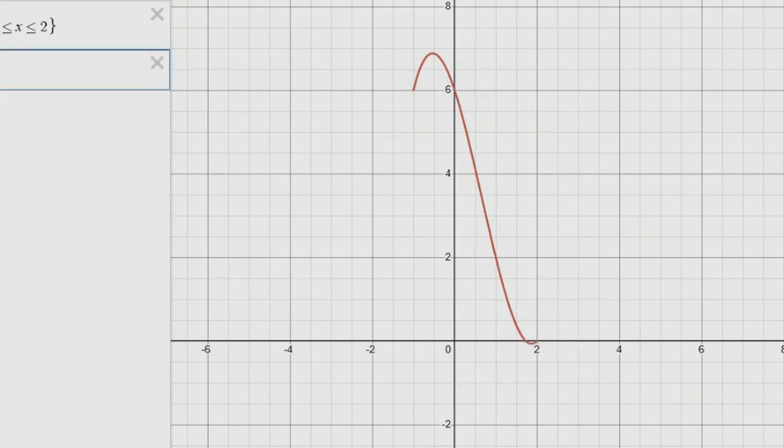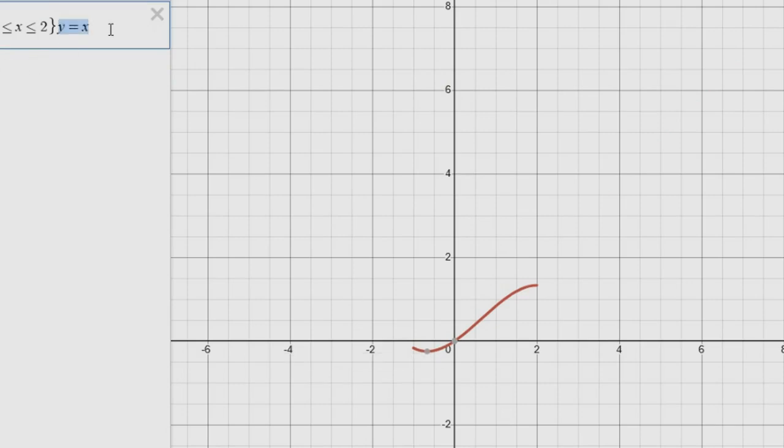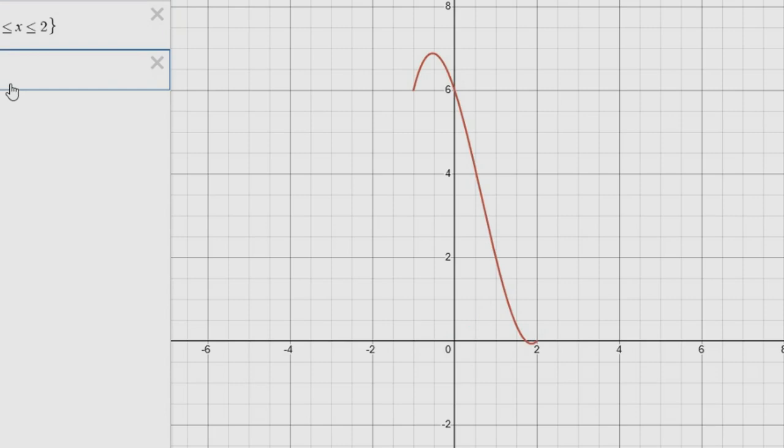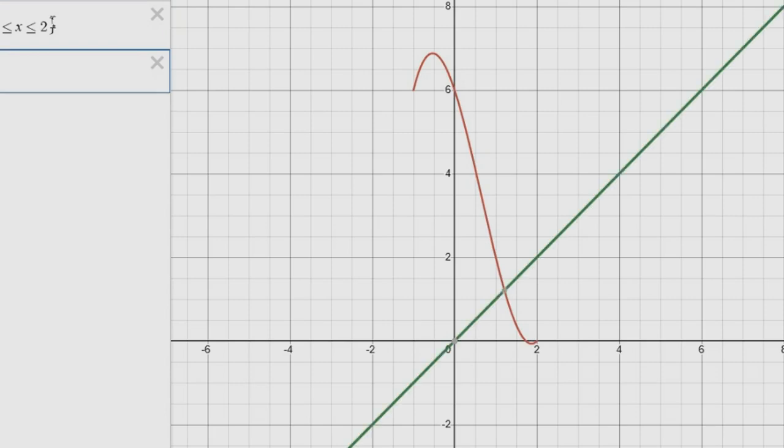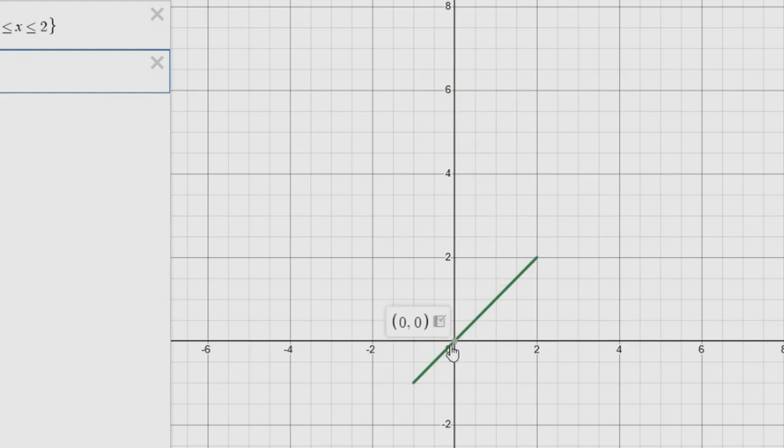Even on an equation like y equals x, if we just look at it from -1 less than or equal to x less than or equal to 2, even that equation has a maximum and minimum.